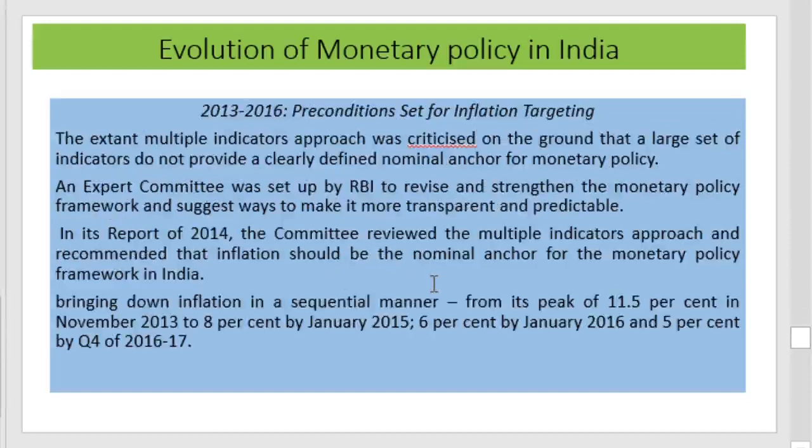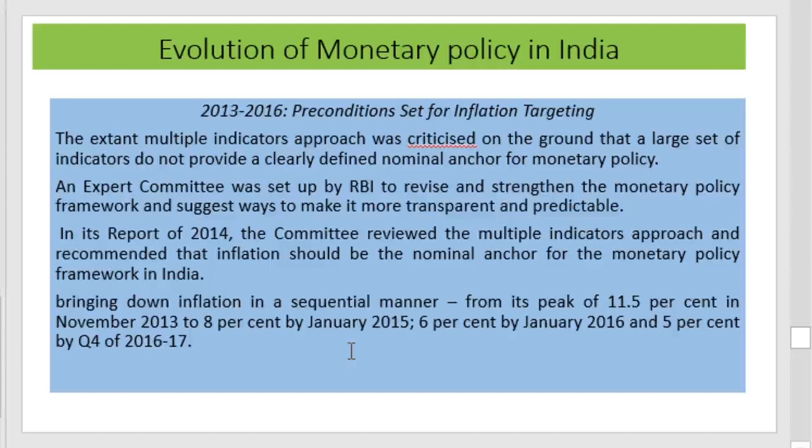2013 to 16 is considered as a precondition set for inflation targeting. That is, the multiple indicator approach was criticized on the ground that a large set of indicators does not provide a clearly defined nominal anchor for monetary policy.